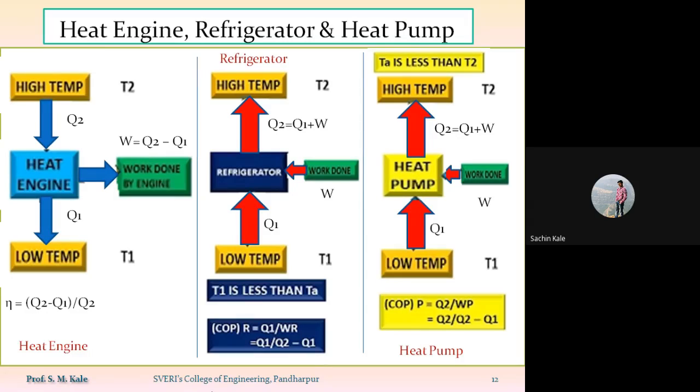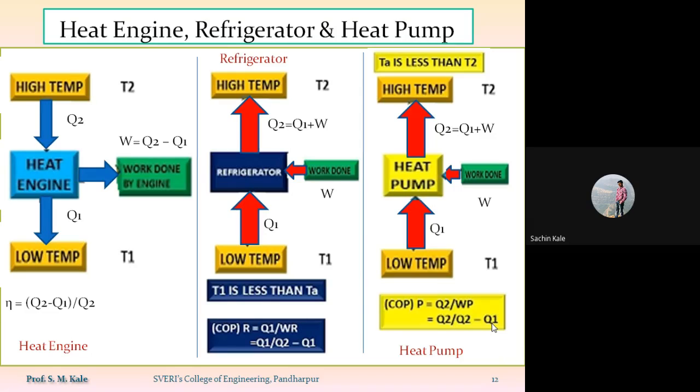So for the refrigerator it is Q1 upon work done, that is Q1 upon Q2 minus Q1. For the heat pump it is Q2 divided by work done on the system, WP, which equals Q2 minus Q1. Are you getting it? Yes or no?